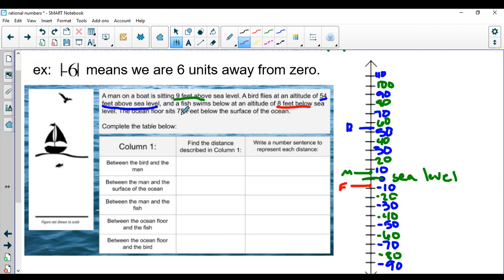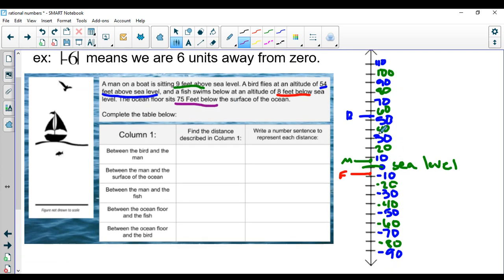And then the last part is the ocean floor sits 75 feet below the surface. So below zero, I'm going to go down to about 75. And this is the ocean floor. Okay. So now I have all 4 of those points plotted on my number line, and I'm going to use those to answer these questions over here.